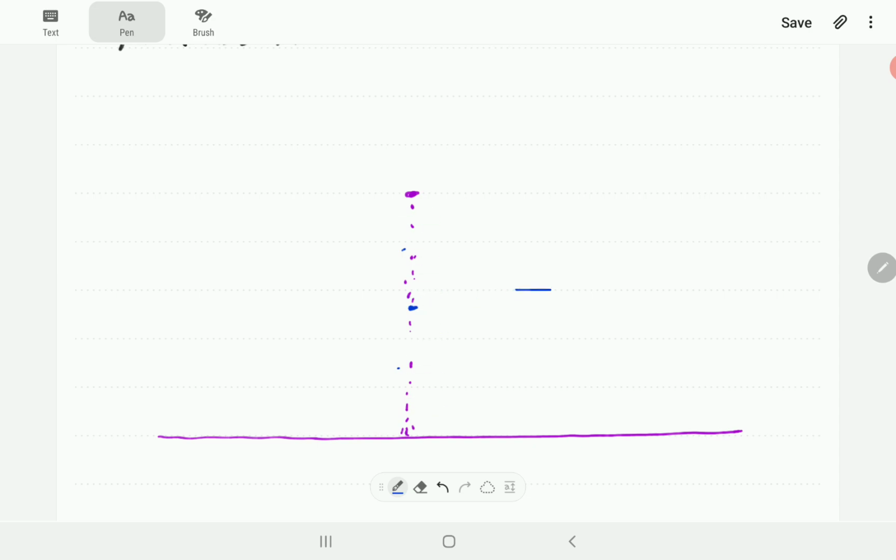And then this point is going to move such that the distance from this point is equal to the distance from that line. So basically you're going to have this type of movement. If you go to this point, for instance, that is the same distance as if you go to the line there.